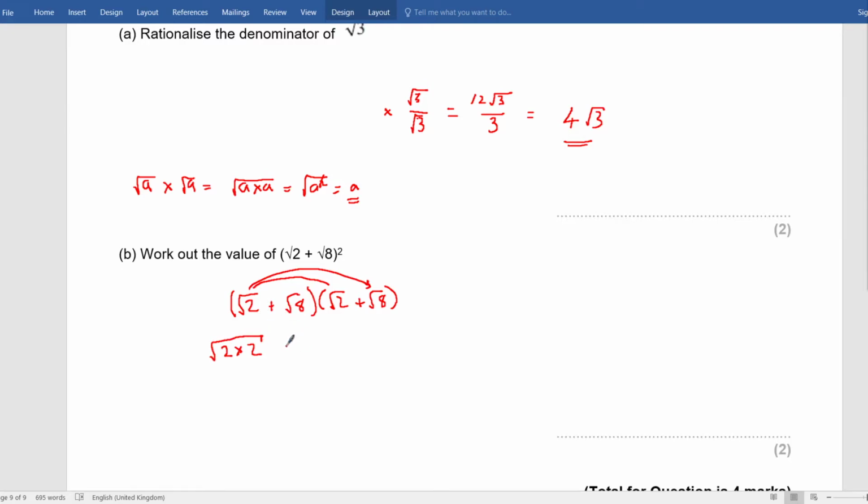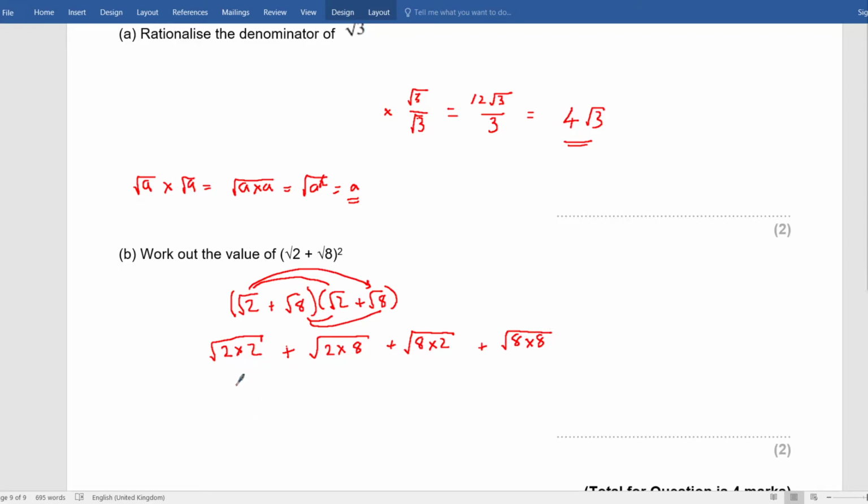Next one is root 2 times root 8, so I'm going to do 2 times 8, and that's all under a square root. Same thing here, I'm going to do 8 times 2 all under square root, and the last one I'm going to do 8 times 8, that is also square root.